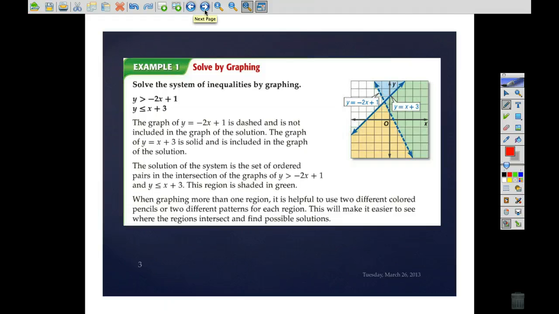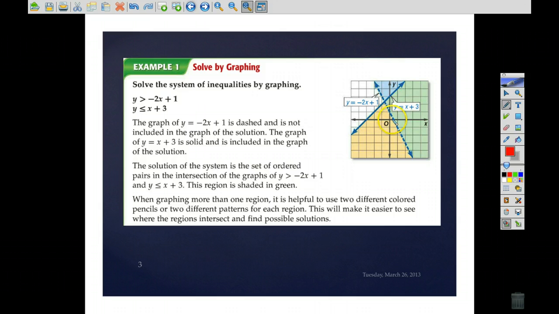Okay. Solve by graphing. Here you have two inequalities, and one is y is greater than negative 2x plus 1, which is here. And remember, if it doesn't have an or equal to sign, it has dashed lines.